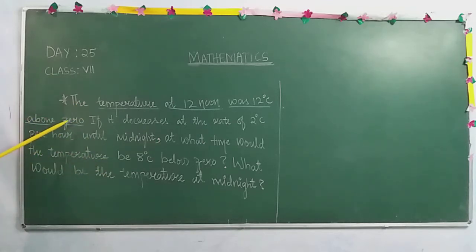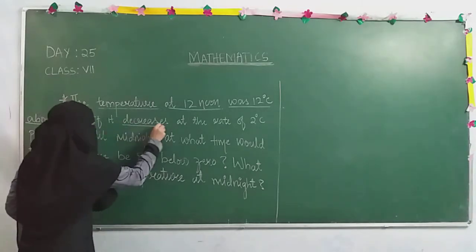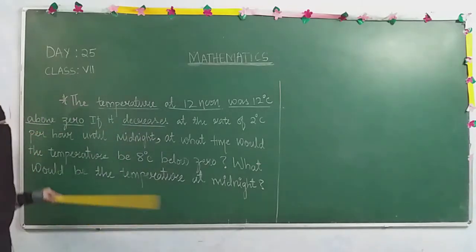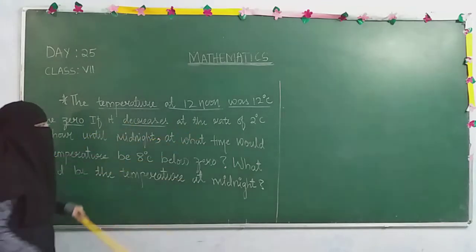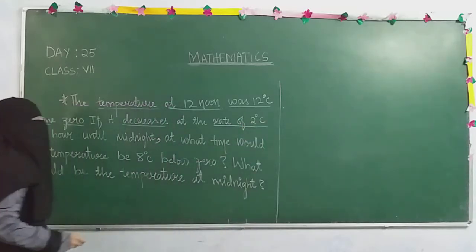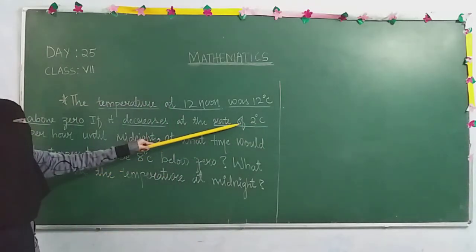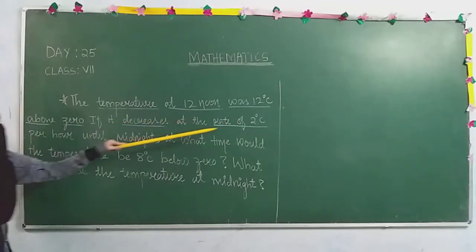Now what is the next information given? If it decreases, what is happening? The temperature is decreasing, so we are going to use a minus sign. The temperature decreases at what rate? At the rate of 2 degrees centigrade. So will this 2 degrees centigrade be minus or plus? You need to compare these two things.